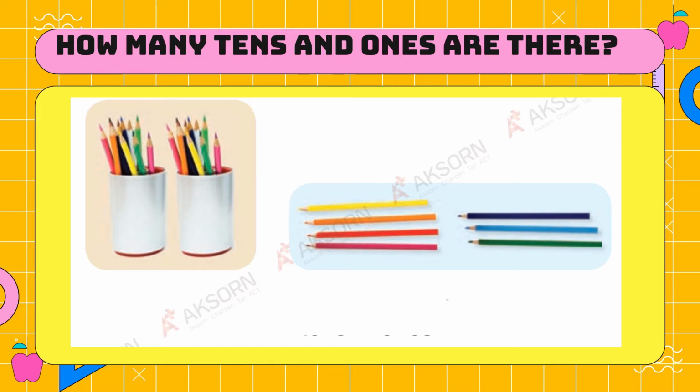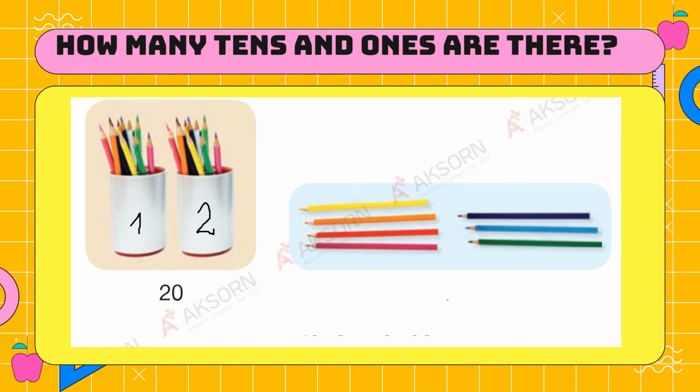So we have two containers here, 1, 2. One container is equal to 10. So how many tens do we have? Okay, so we have 20.